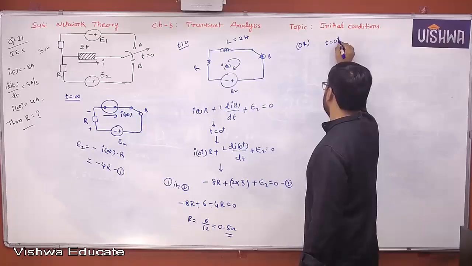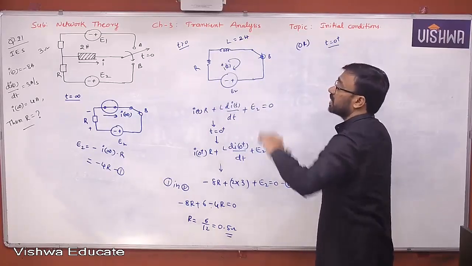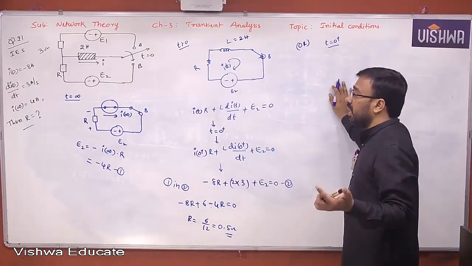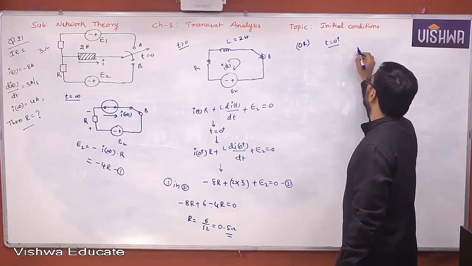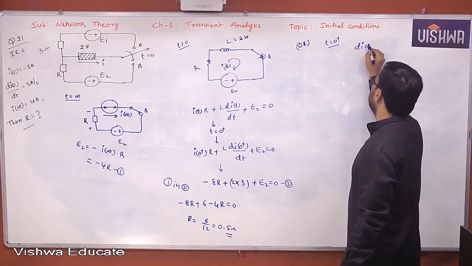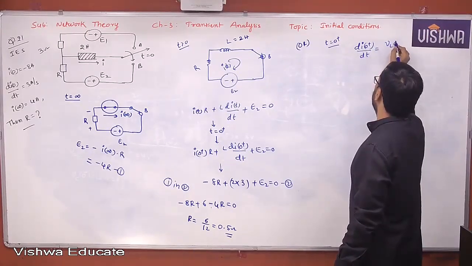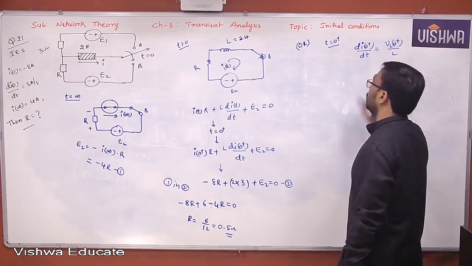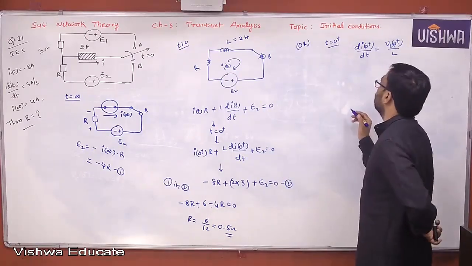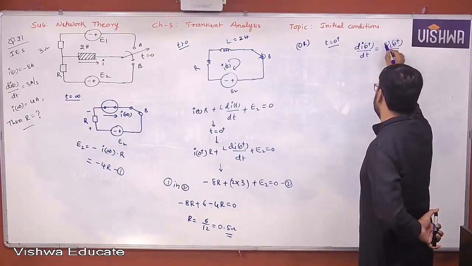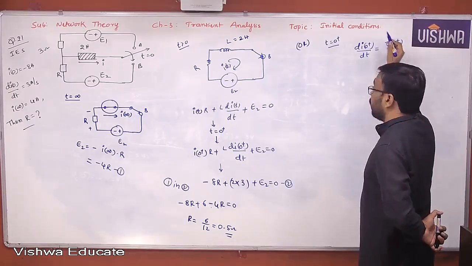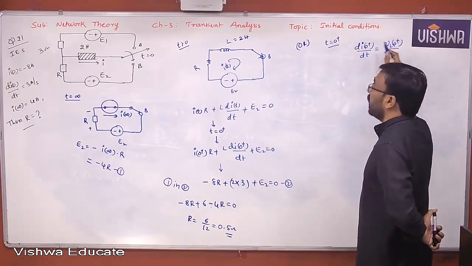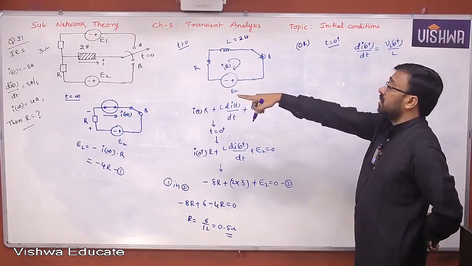the t equal to 0 plus equivalent, because already you know the t equal to 0 plus conditions. Why can't you draw the t equal to 0 plus equivalent circuit? How does it look like? Tell me all of you. You know that di of 0 plus by dt is nothing but, since it is current through inductor, VL of 0 plus by L. If you construct that t equal to 0 plus equivalent and try to find what VL of 0 plus is from the network, and also you know the VL of 0 plus from the data given.